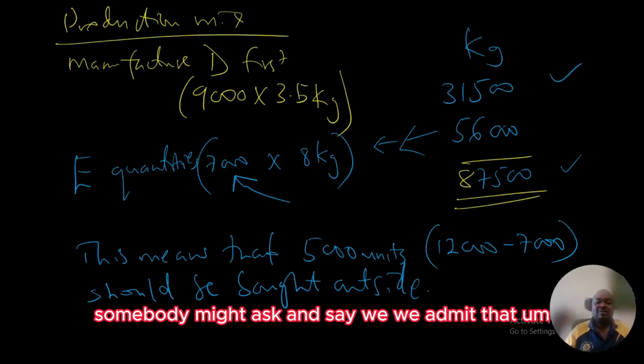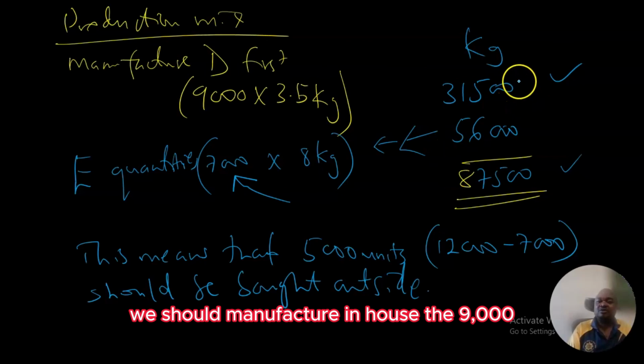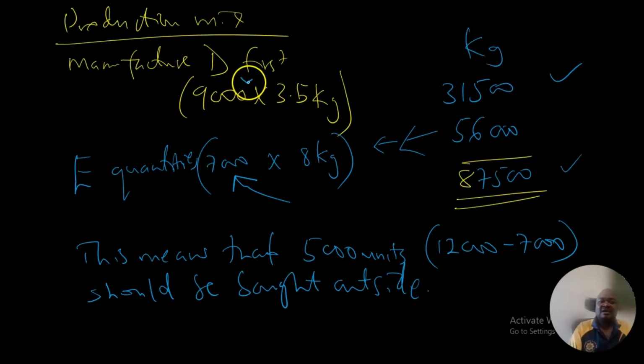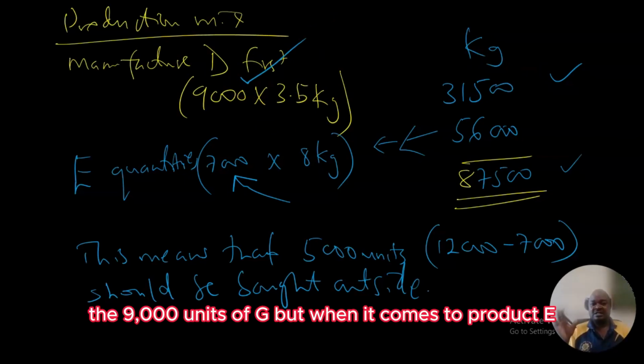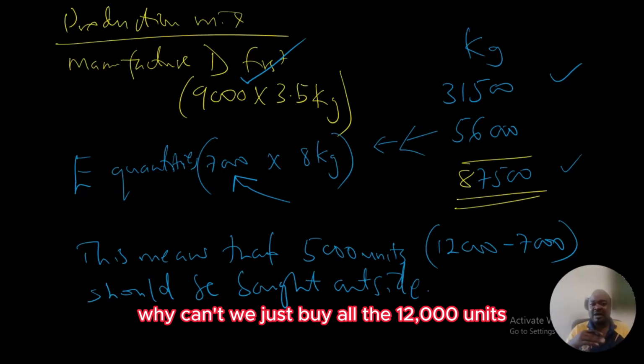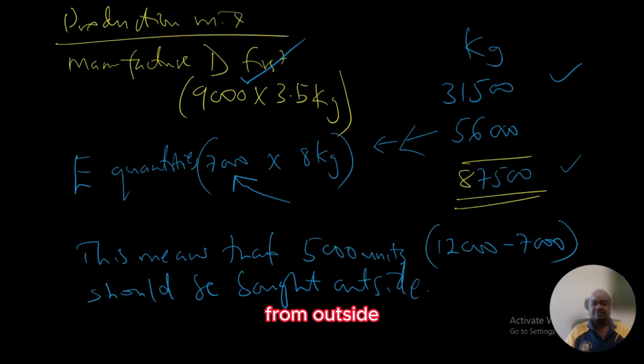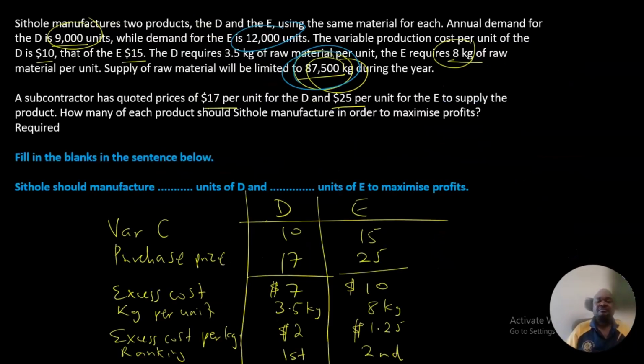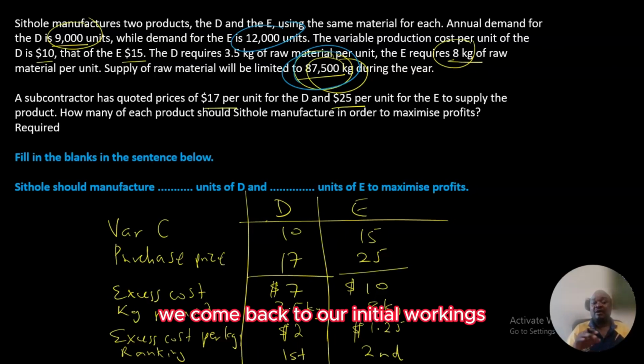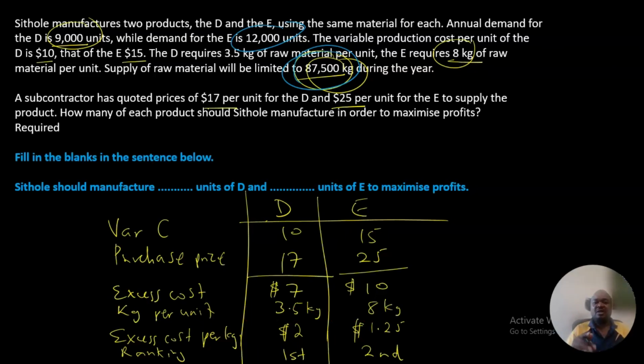However, somebody might ask and say, we admit that we should manufacture in-house the 9,000 units of D. But when it comes to product E, why can't we just buy all the 12,000 units from outside? Here is the trick. We come back to our initial workings.